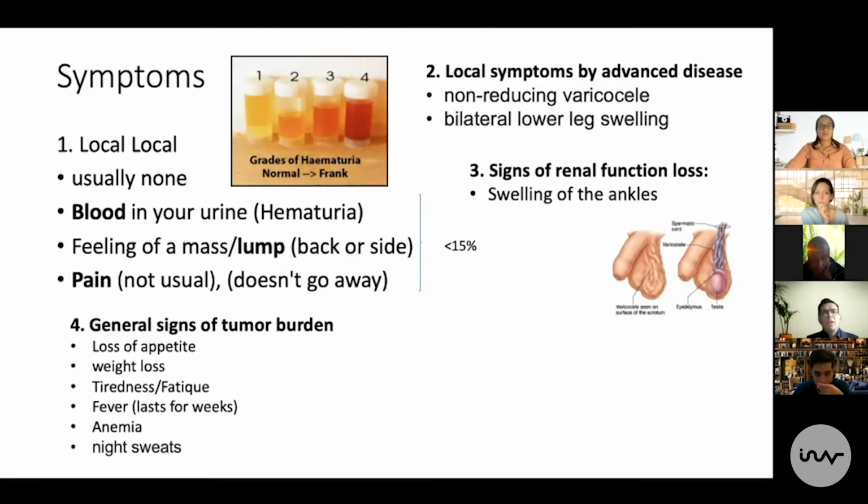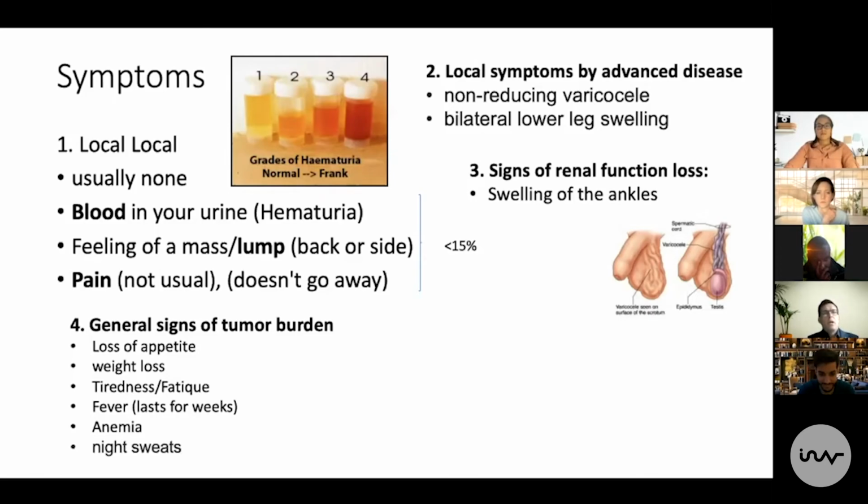Also, in advanced cancer, as you can learn in many other types of cancer, there are general signs of tumor burden. When the tumors grow big, they have some symptoms involving the general well-being of the patient. Appetite is lost, the tumor consumes a lot of energy, and together with the appetite loss that leads to weight loss, the patient becomes tired.